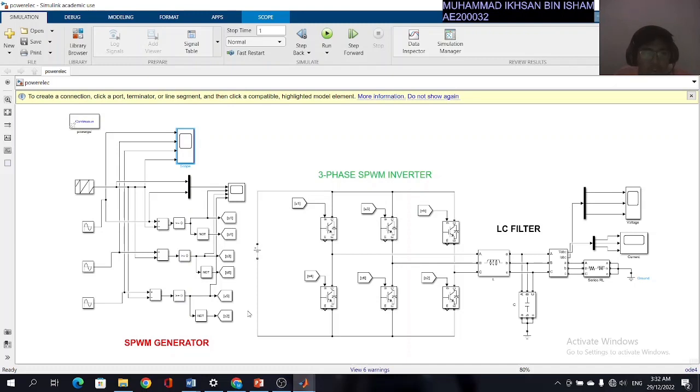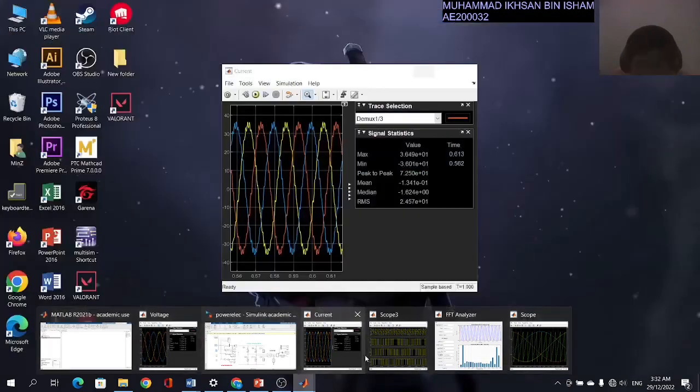Assalamualaikum warahmatullahi wabarakatuh. I'm Muhammad Ihsan Wisham, AE2032. Today I'm going to present about the design of this three-phase system inverter. Firstly, we have a sawtooth generator here, and we have three sine waves, and then we have the scope here. After we run, we can get the answer.